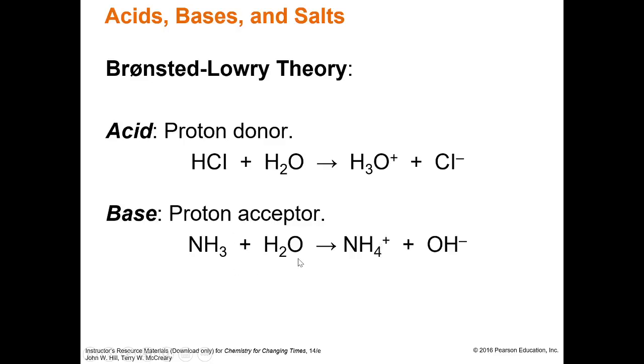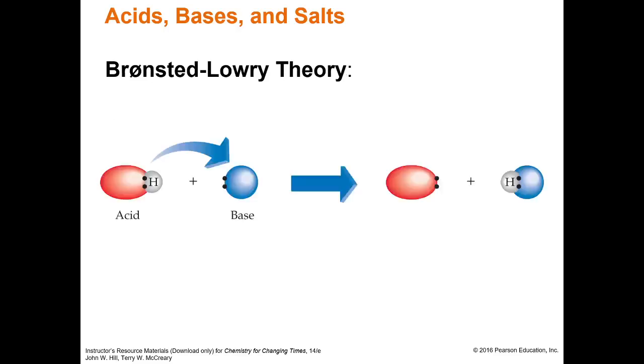Now, the Bronsted-Lowry acid was whatever donates the H plus. So notice in this case right here, water is actually our Bronsted-Lowry acid. In this case up here, the water was our Bronsted-Lowry base. That's because it is both an acid and a base. Water acts as both an acid and a base.